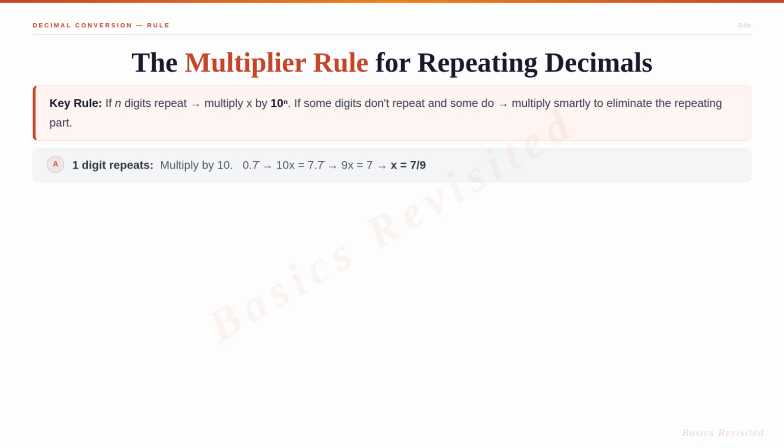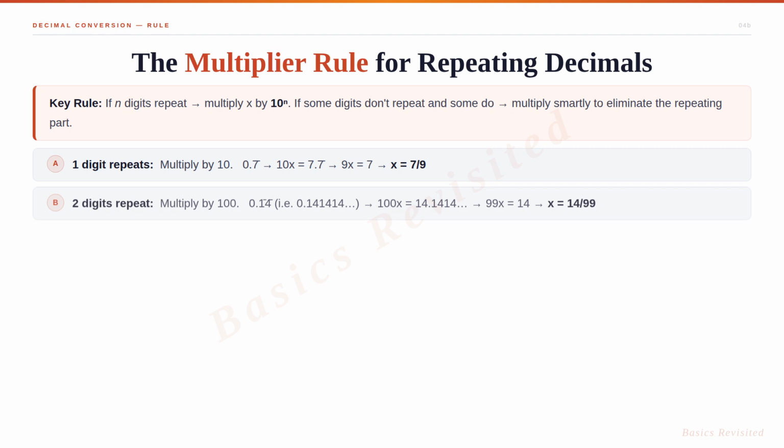Answer: 7 over 9. Case B: if two digits repeat, multiply by 100. For 0.141414 repeating, 100x equals 14.1414, subtracting, 99x equals 14. Answer: 14 over 99.